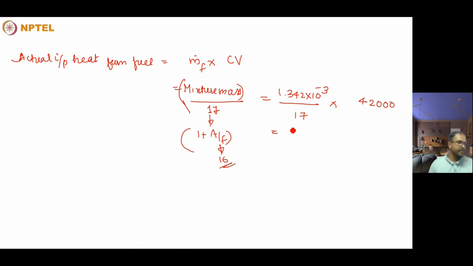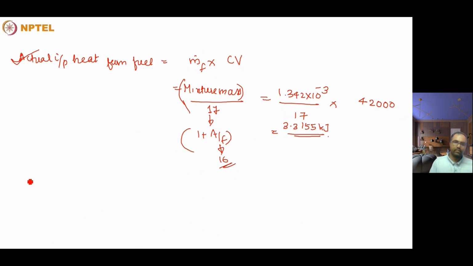So we can calculate the actual input heat from the fuel to be equal to 3.3155 kilojoules.